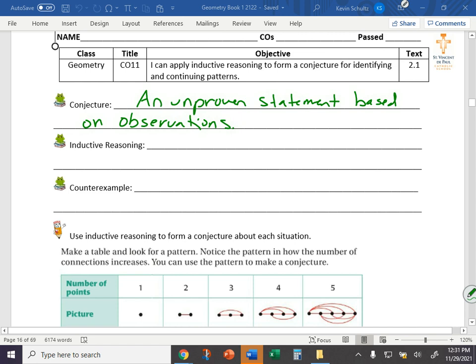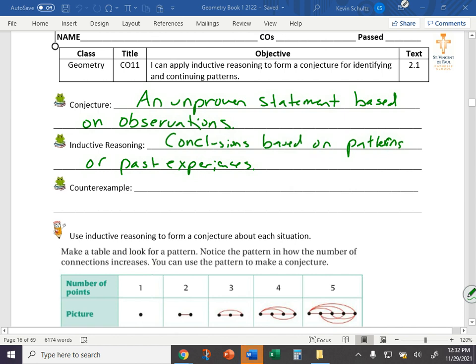So in the context we're going to be using it in, inductive reasoning is conclusions based on patterns or past experiences. Inductive reasoning, conclusions based on patterns or past experiences.